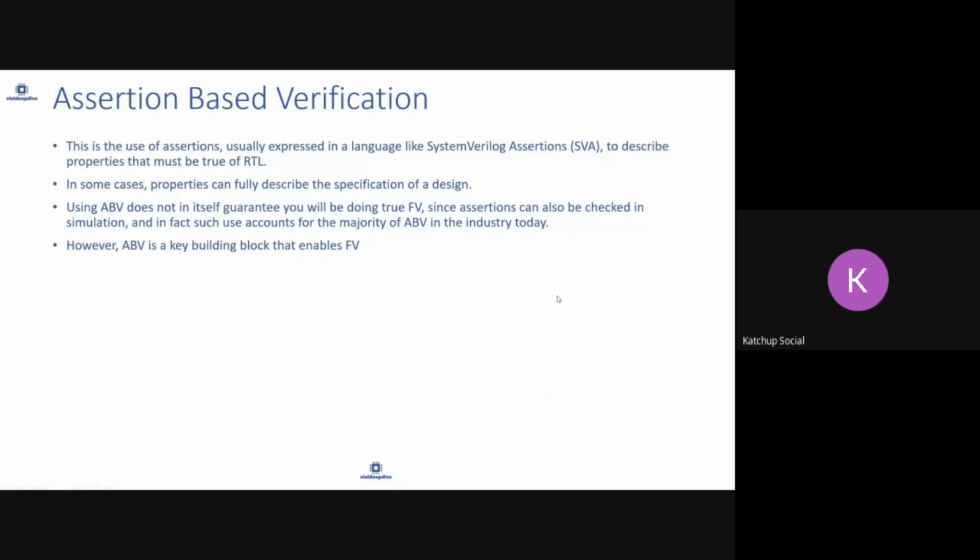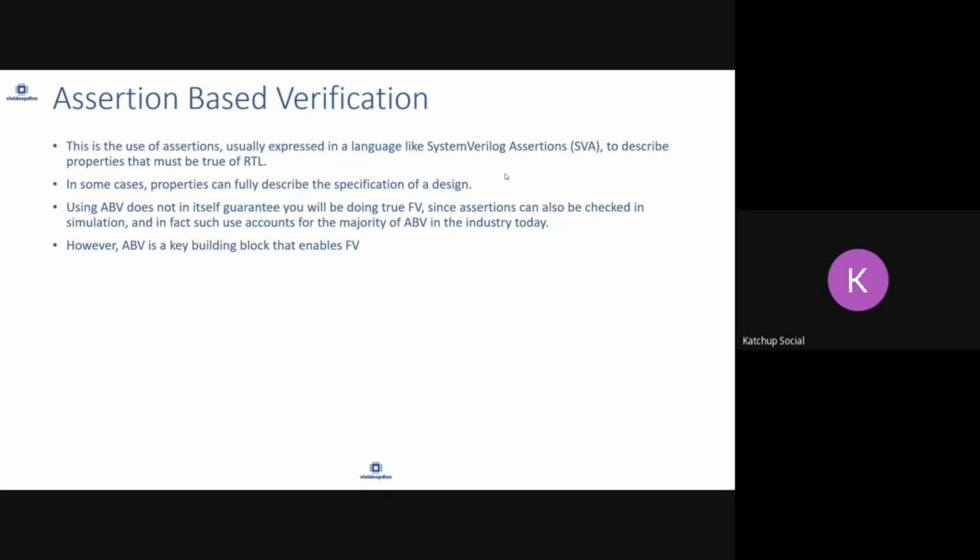After that, a new language was developed, SystemVerilog Assertions. There were other languages also, but SystemVerilog has basically been deployed more. Here, you write assertions. Assertions describe the behavior of your design, usually expressed in a language called SystemVerilog Assertions. It's describing the properties of your RTL.